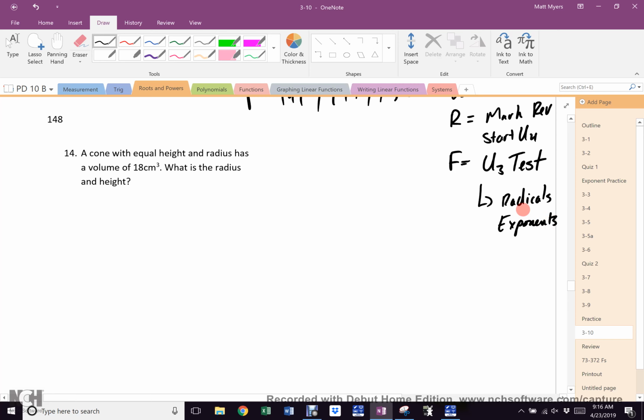To do radicals and exponents, you also will need to be good at distribution. Practice for what we just learned today is 144, 149, and 150.